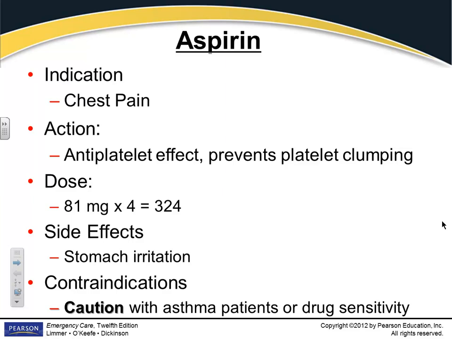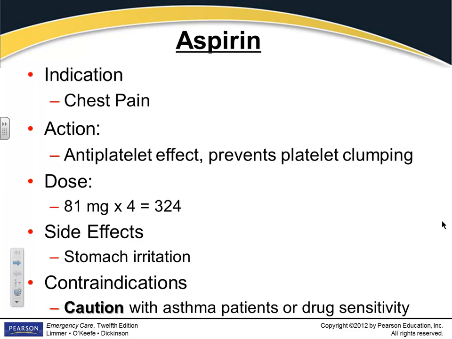Contraindications. Your only true contraindications are going to be if a patient has a drug sensitivity to it. Now notice under contraindications I've bolded caution. If you have an asthma patient, you may ask them if they have any issues or sensitivities to aspirin.